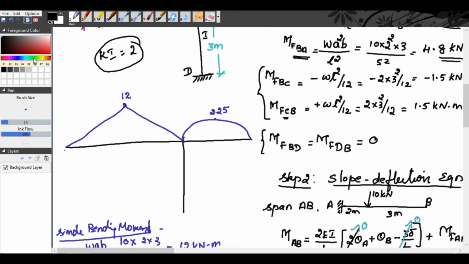While reimposing it, we have MAB is 7.72, MBA is plus 3.76, MBC is minus 2.90, MCB is 0, MBD is minus 0.86, and MDB is minus 0.43. It comes like this.